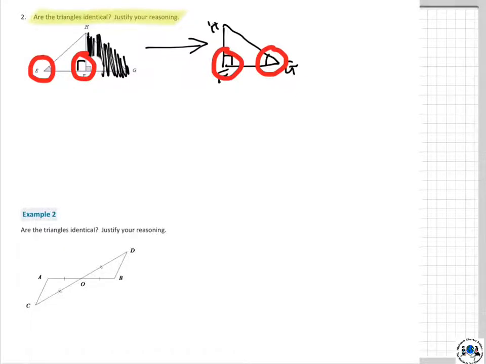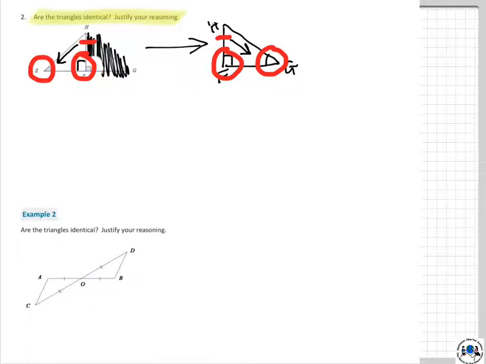So we have two angles that we know are similar here. Two similar angles, and we have, of course, our similar side. And most importantly, those sides are opposite of a given angle, which happens to be the same given angle.